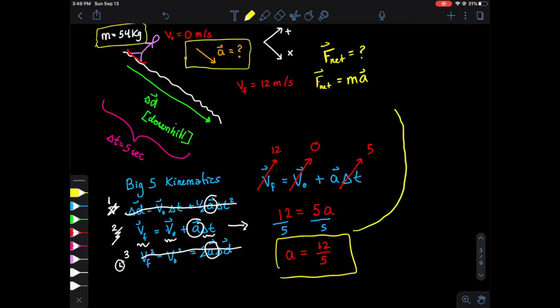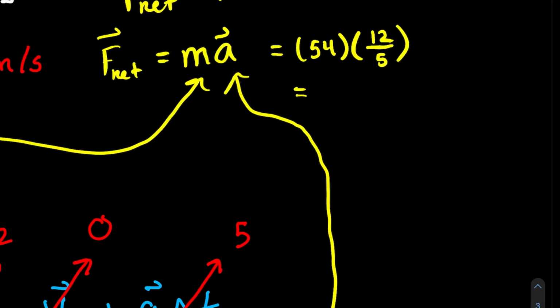We can plug it back into Newton's second law formula, and we have the mass, so we can plug that into the formula as well. Now we can solve for the net force, which we get to be approximately 130 newtons, and the direction is downhill.